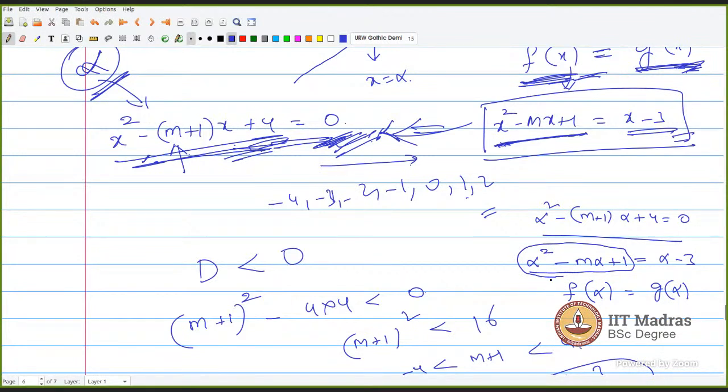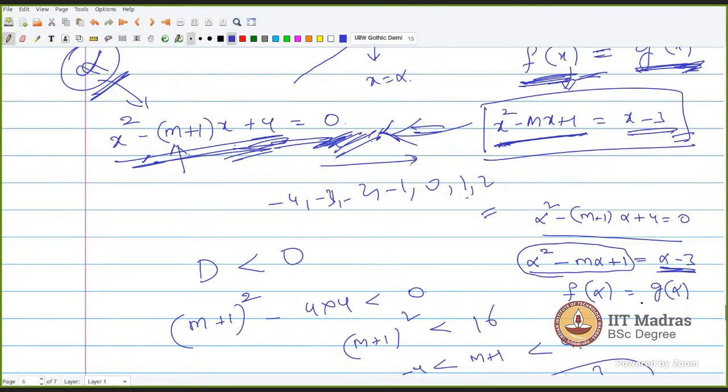This is the value when I substitute alpha in my function g of x. When I substitute alpha in place of x, I will get alpha minus 3, which is g of alpha. If g of x is x minus 3, what is alpha minus 3? g of alpha.